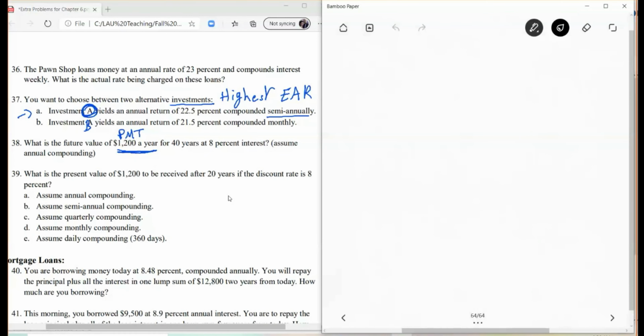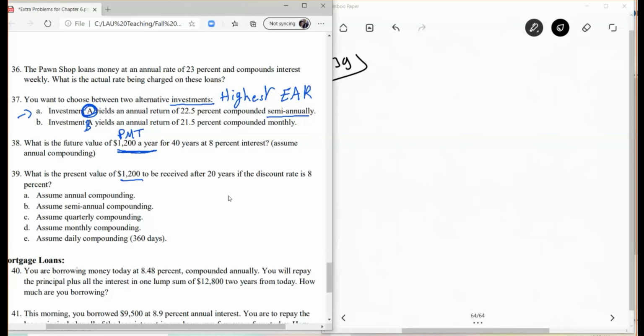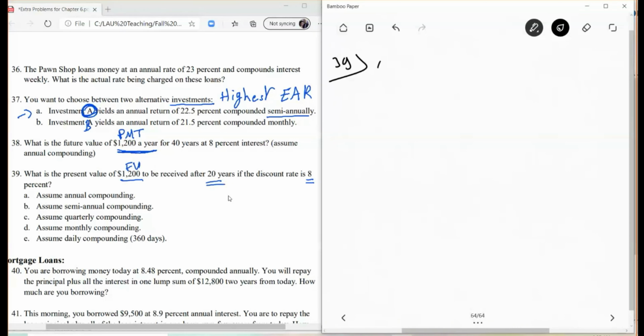Now for number 39, what is the present value of $1,200 to be received after 20 years? So this $1,200 here is FV. Here T is the number of years. If the discount rate is 8%. In part A, I have annual compounding.